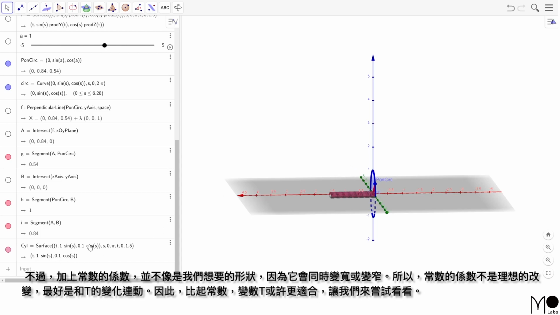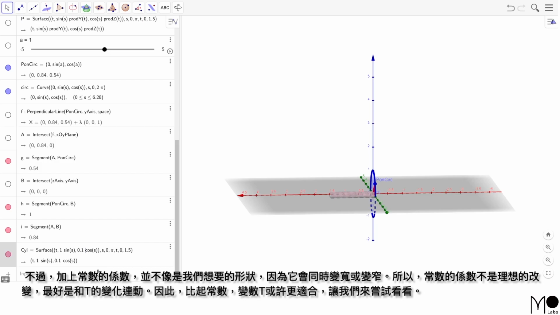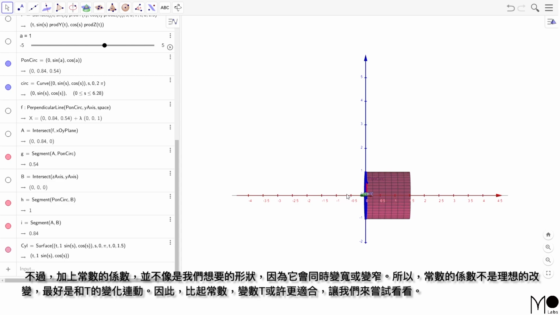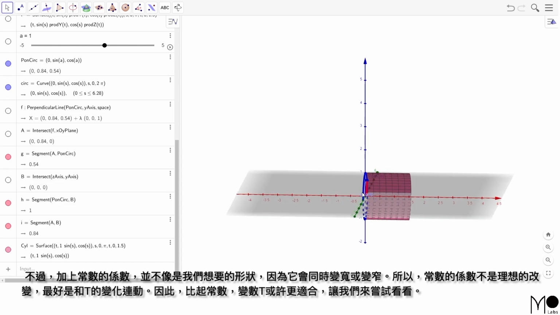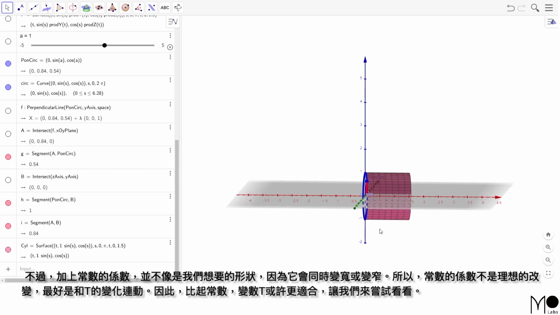So the idea is to not take a fixed factor here, but take a factor depending on that coordinate, the red coordinate, which depends on the value t. As I said, t runs from 0 to 1.5.